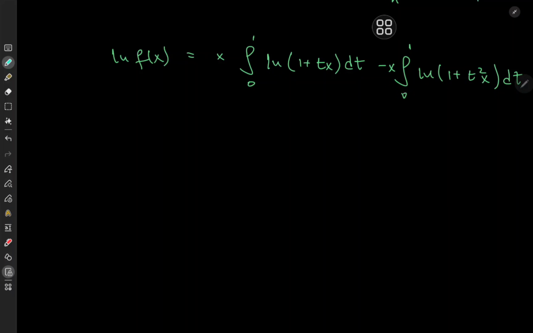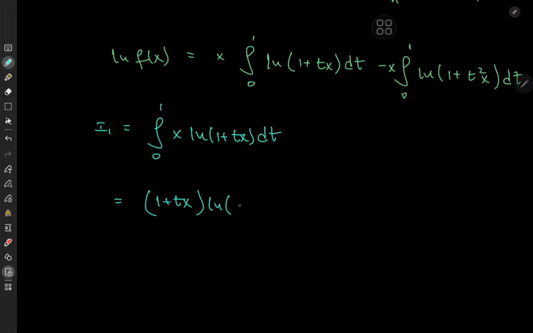Anyway, so I sub 1 is the integral, and I'm taking the x term with me here, of log of 1 plus tx, so that we can use integration by parts. So x is what we're taking the antiderivative of, and the derivative of 1 plus tx with respect to t is also equal to x.